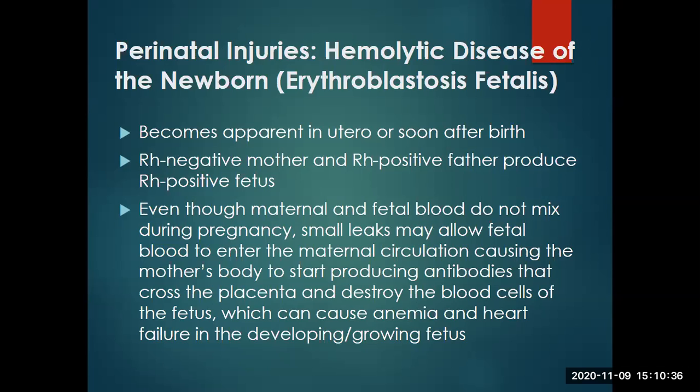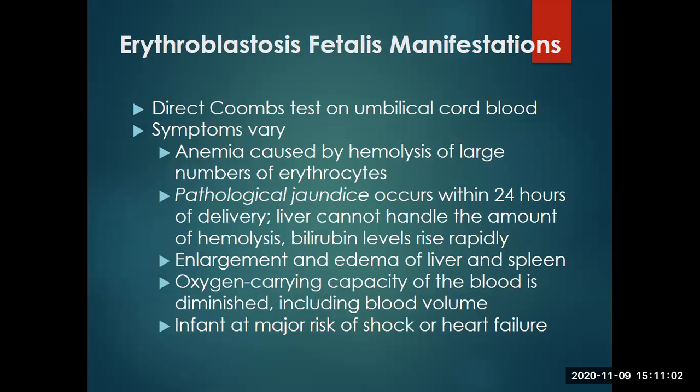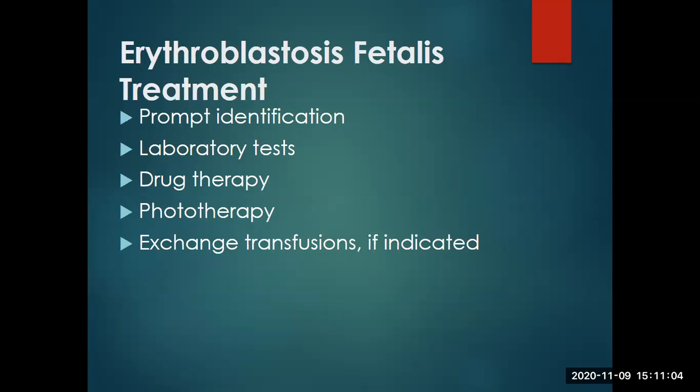A mother who has an O blood type and who gives birth to an infant with an A or B blood type constitutes the most commonly seen ABO incompatibility. The treatment and nursing care are the same as for erythroblastosis fetalis. Okay.